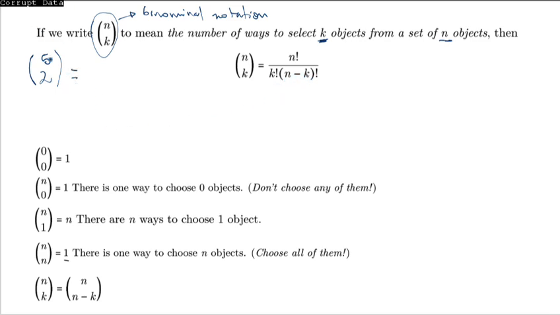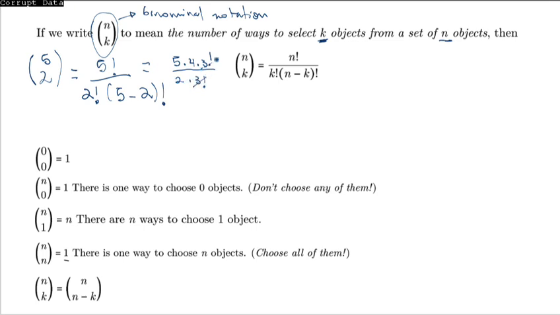So let's work out our example. 5 factorial on the numerator over 2 factorial, since k is 2, times n minus k, which is 3 factorial. If you work out the factorials, and this is fun to do, this is 5 factorial over 2 factorial times 3 factorial, which is 2 times 3 factorial.